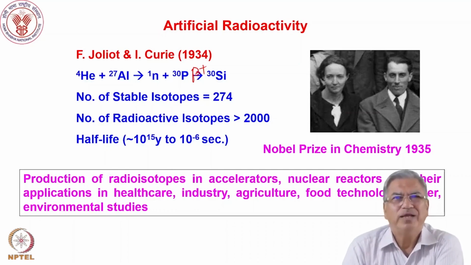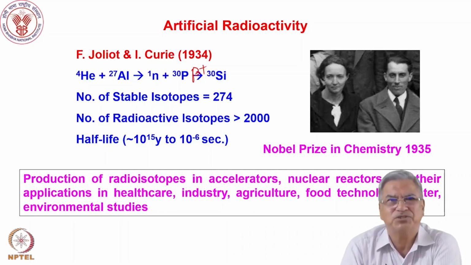So today, while there are only 274 stable isotopes, the number of radioactive isotopes is more than 2,000. And the half-life of these radioisotopes can be as high as 10 to the power 15 years, as low as microseconds. So artificial radioactivity has provided you with a tool for different applications.